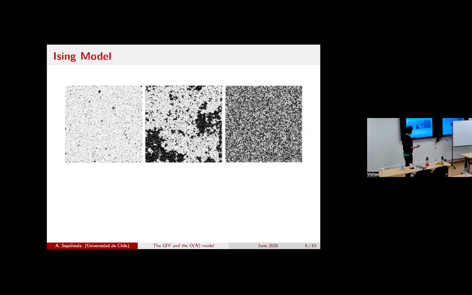Here there is no boundary condition, so it's free. It's actually quite fun. It's called symmetry breaking. Somehow this Ising model has to decide if it's going to be either plus or minus. It's a macroscopic decision that one cannot see.